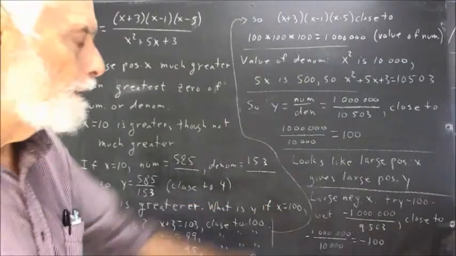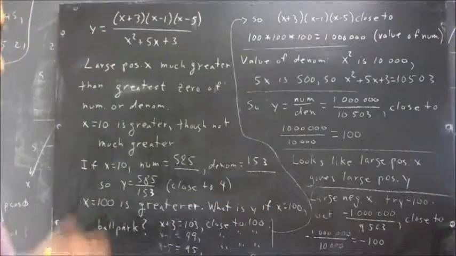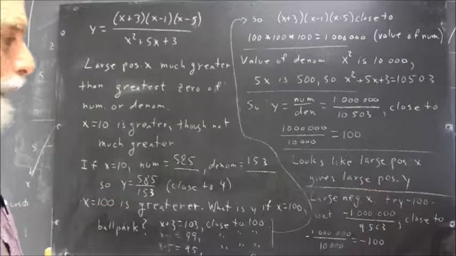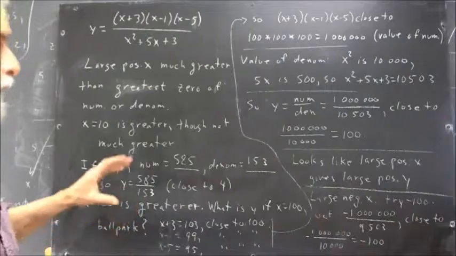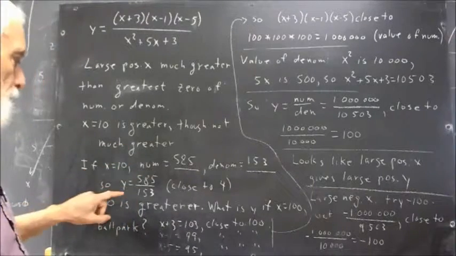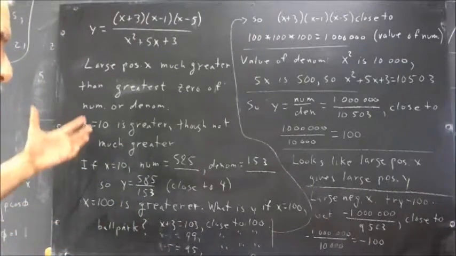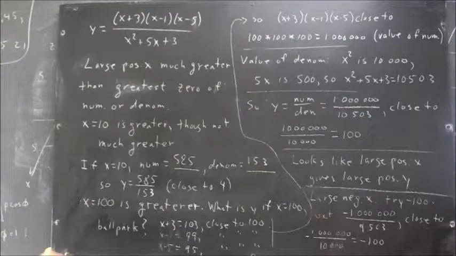Okay, so what's y if x equals 100? Well, we don't need to get the exact value of y. We just need a value that we're confident is pretty close so we can see what's happening to the values of y. Are they getting really big, or are they getting really small? What's going on?